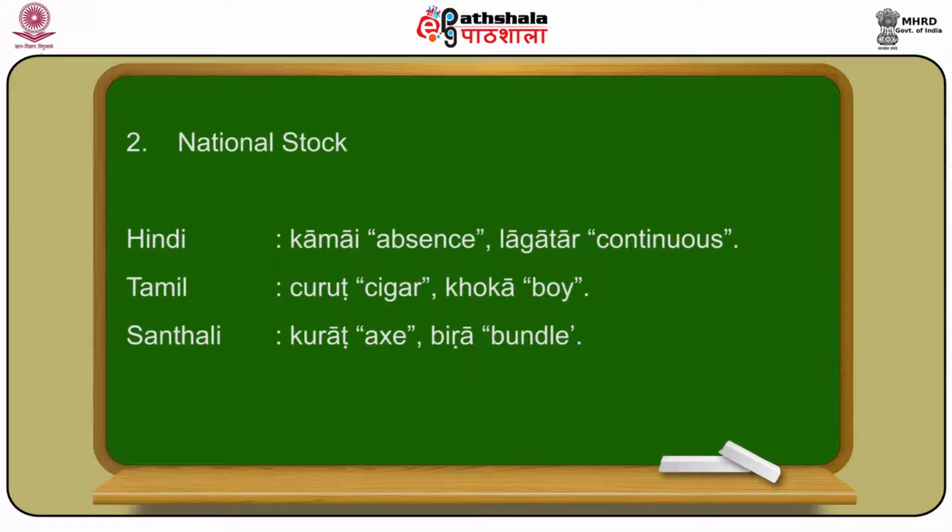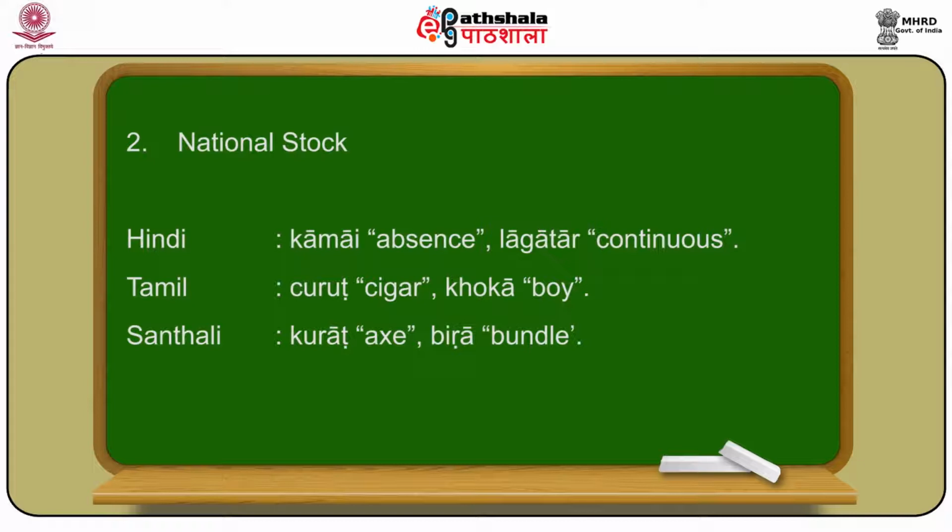Then we have got another category which is called national stock. That includes words which have been borrowed or taken into Bangla from its neighboring languages like Urdu, Hindi, Punjabi, Marathi, Tamil, Telugu, Odia and others.